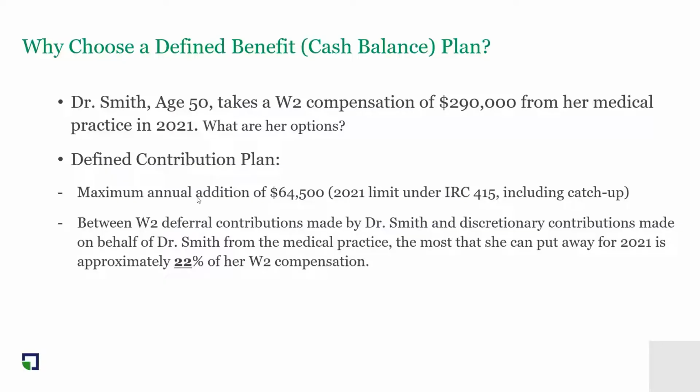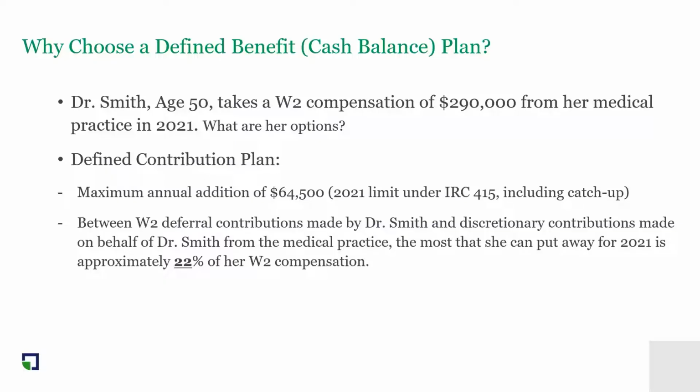So she can add this defined contribution plan that I've shown here, and I won't do another slide with all the limits because Dave and Don already showed them, but the maximum annual addition in a defined contribution plan is obviously limited. And as you can see here, based on the fact that she's age 50, she can put in this catch-up contribution that many of you are probably familiar with.